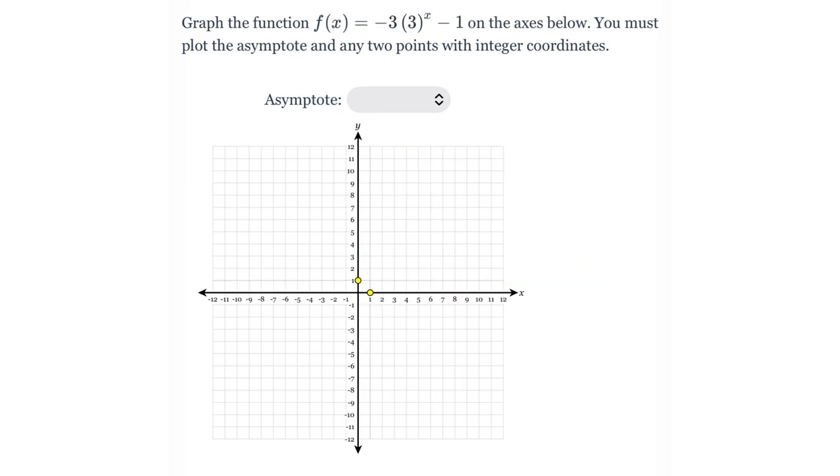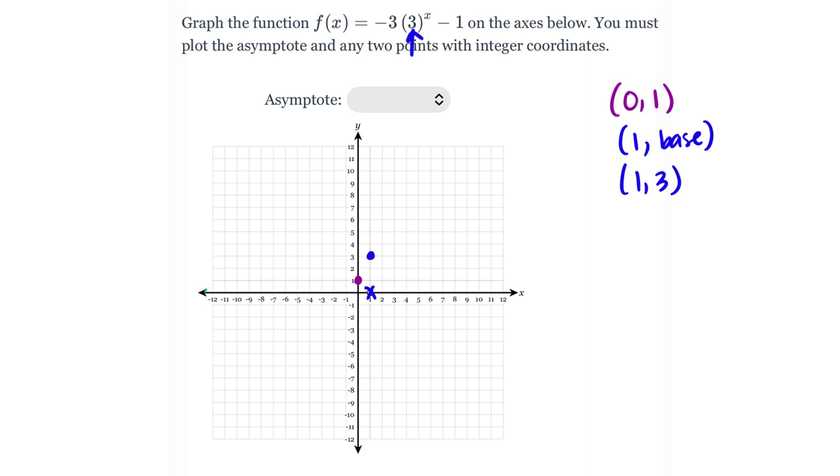So here's another exponential function because the x is in the exponent. So we know that the first point is going to be 0, 1. So that's right here. The second point will be 1 comma the base, which in this case is 3. So we'll move this point to 1, 3.